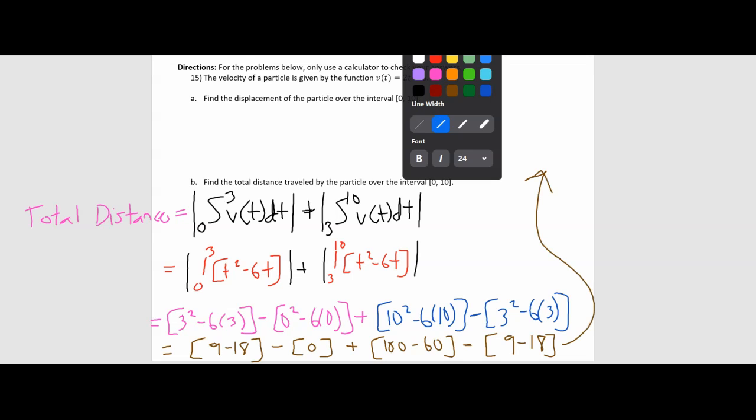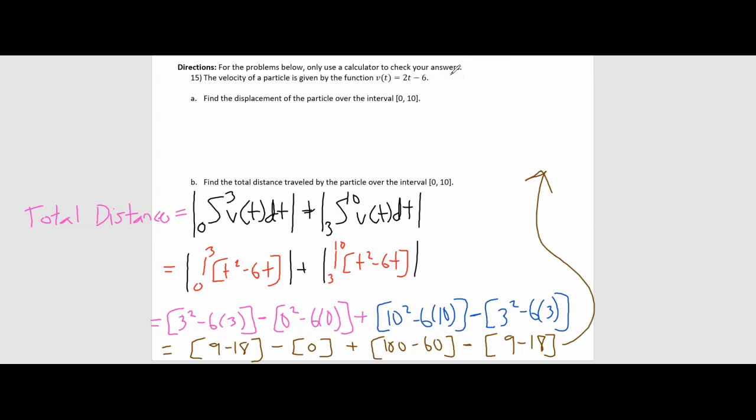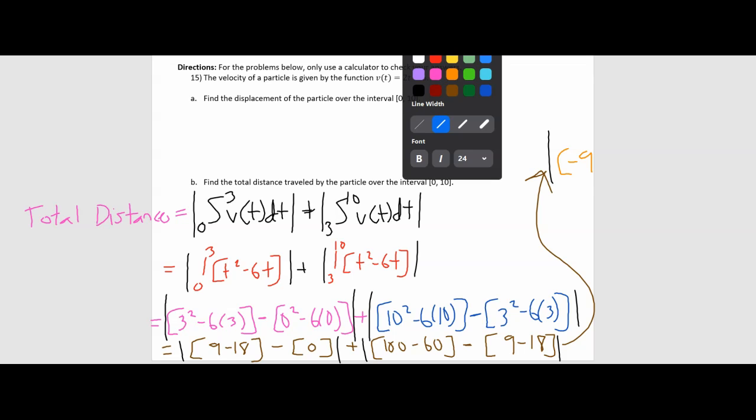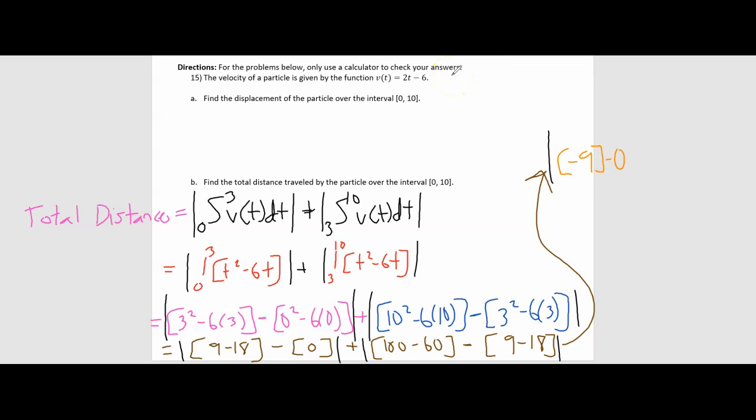Let's pop up here. It's a good thing I erased because I would not have had enough space. This gives me negative 9. Make sure I keep my absolute value signs. So the absolute value of negative 9 minus 0, absolute value, plus 40 minus negative 9.